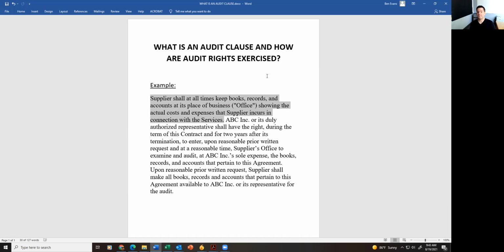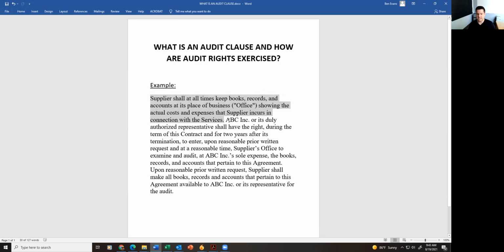What you don't want to have happen is when you reach out to your supplier or your vendor to perform work and ask for documentation, they say it's been deleted, it's been shredded, it's not available, okay? So this sets an expectation that the supplier will hold on to records, books, and other documentation necessary for the audit.